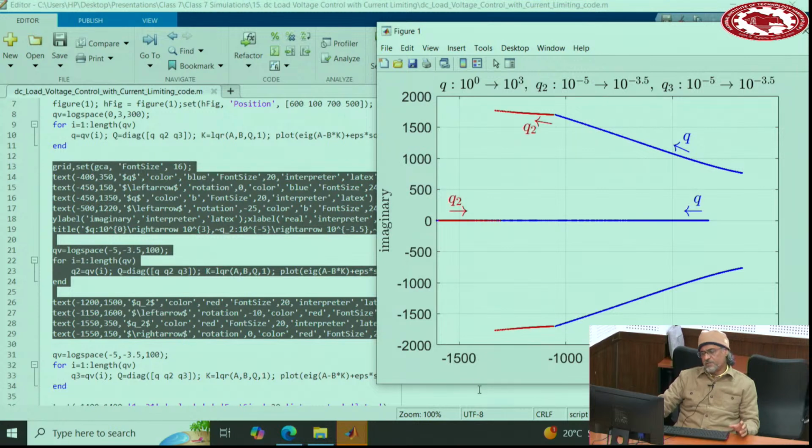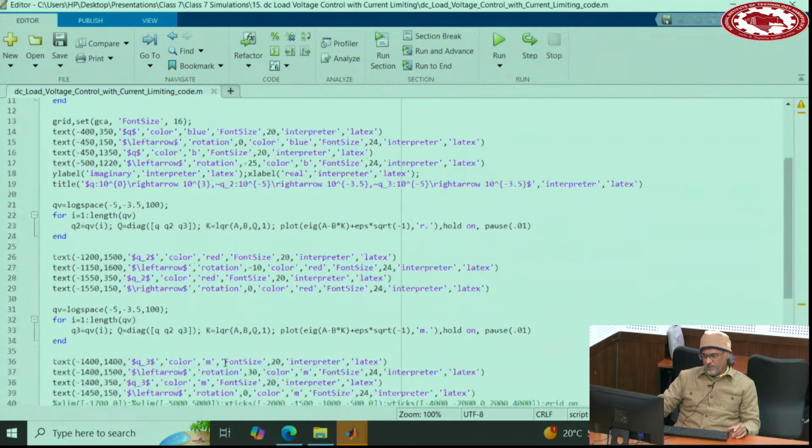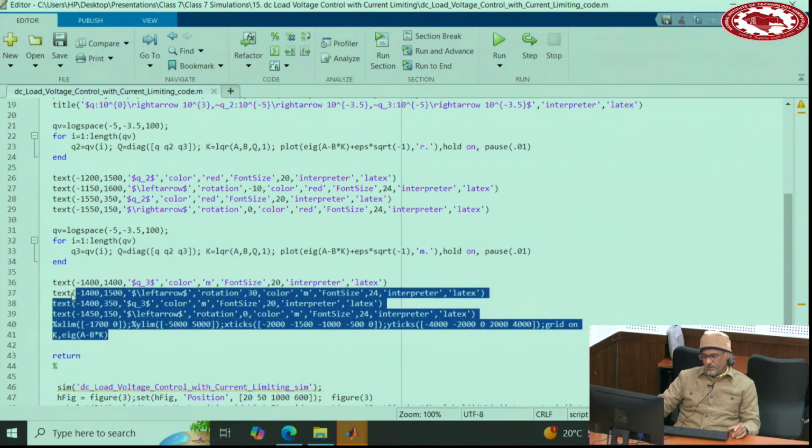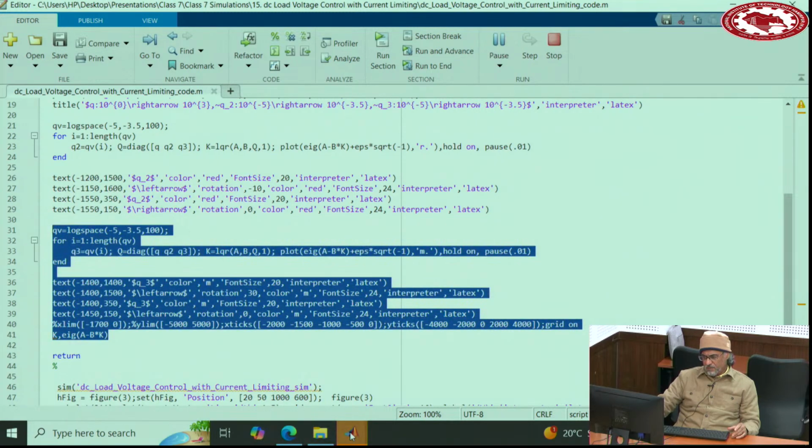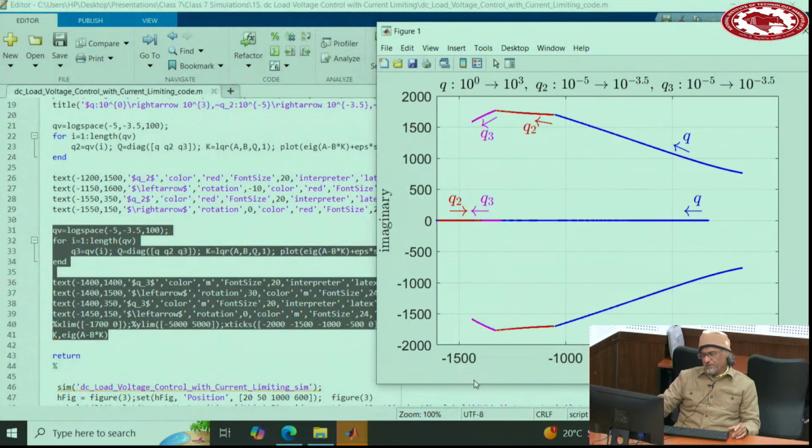This is when you increase Q2, and then finally when you increase Q3.